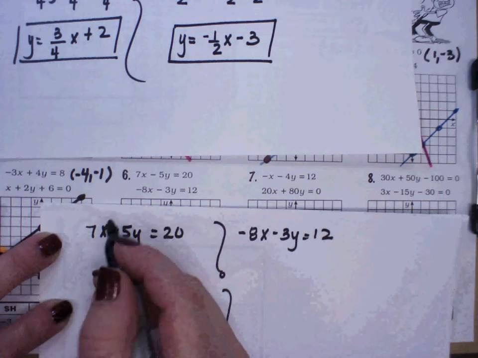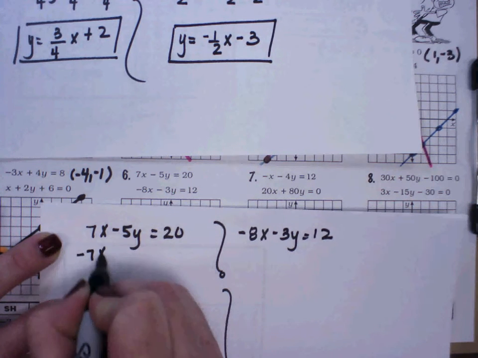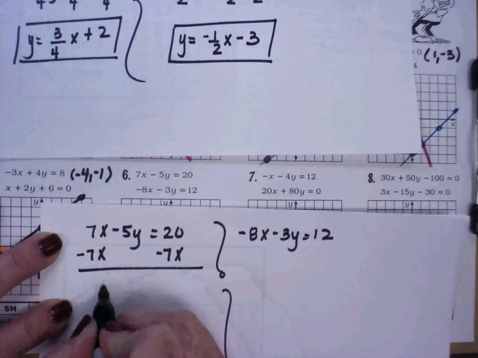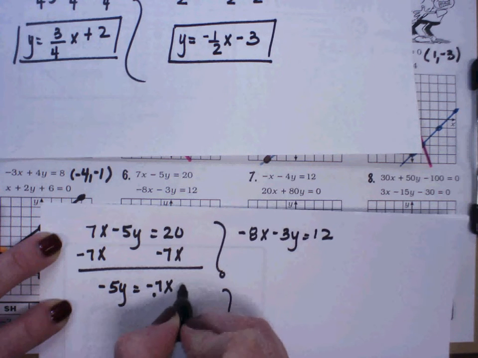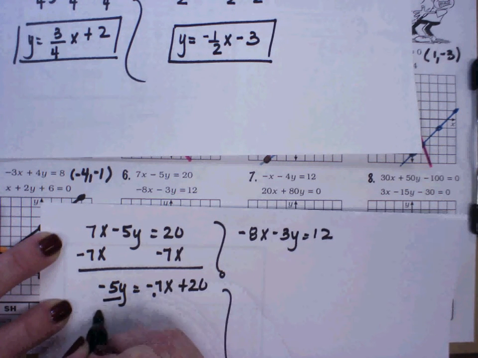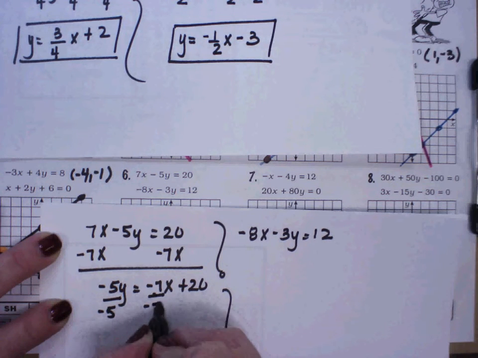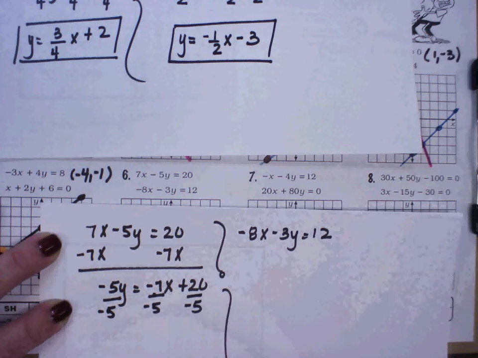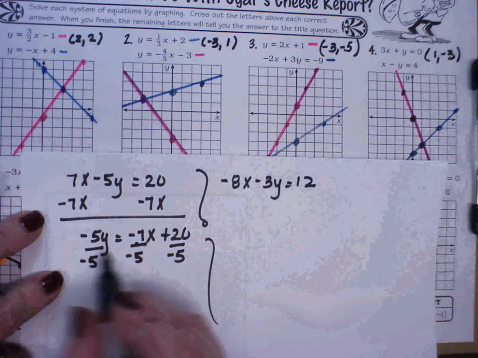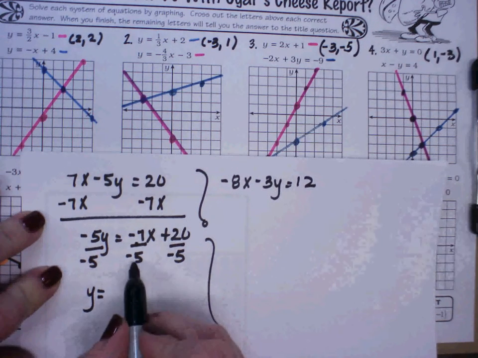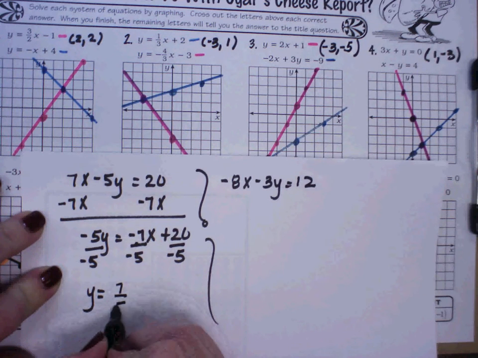So negative 5y equals negative 7x plus 20. And now I got to divide by negative 5. So that y equals what? What's negative divided by negative? 7/5 x minus 4. Very good. And that's the first one.